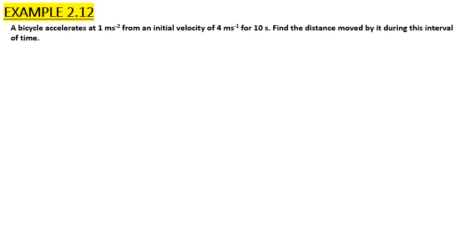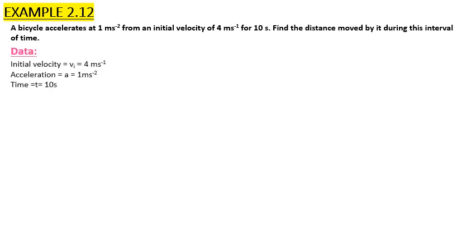Example 2.12. A bicycle accelerates at 1 meter per second square from an initial velocity of 4 meters per second for 10 seconds. Find the distance moved by it during this interval of time.